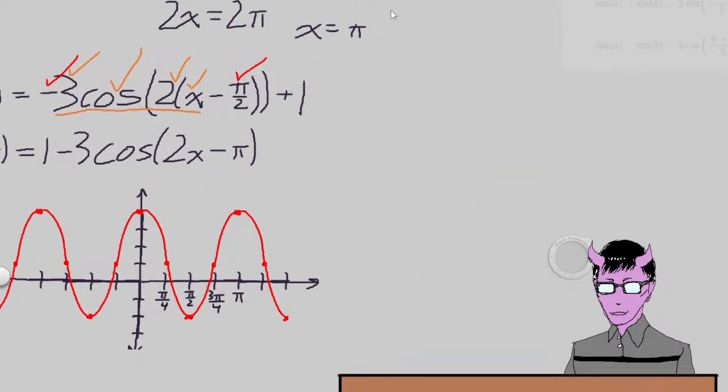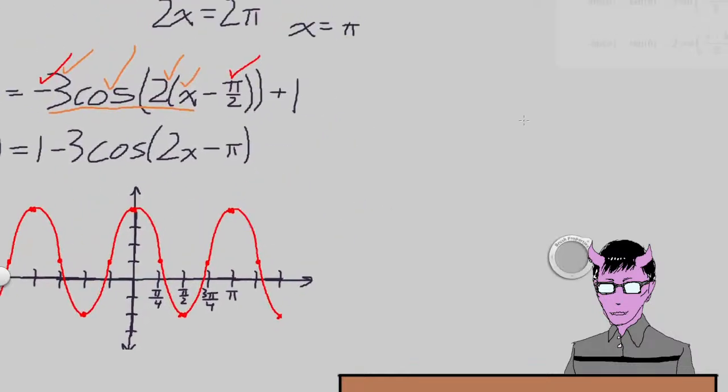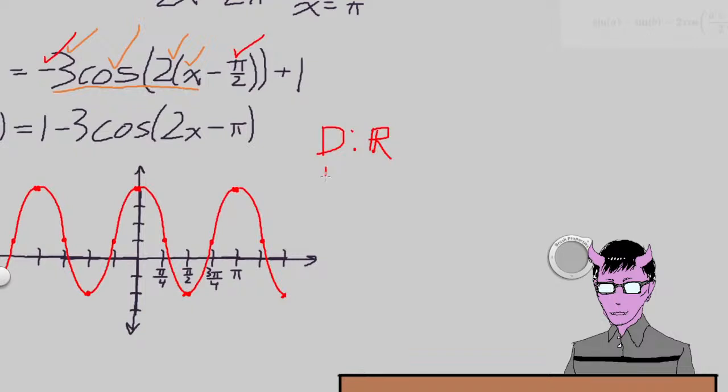Of course, if we were asked to label a few things, we have to make note that there's going to be domain. The domain is going to be all real numbers. So for the sine and cosine, the domain is all real numbers. And then the range is a little funny. We talked about it a little bit last time.